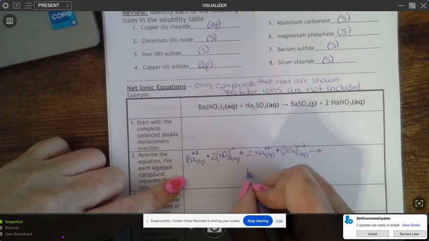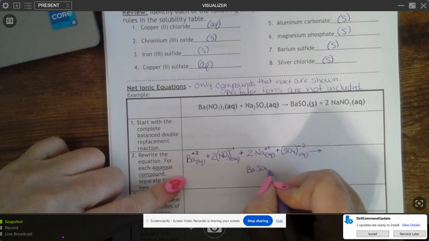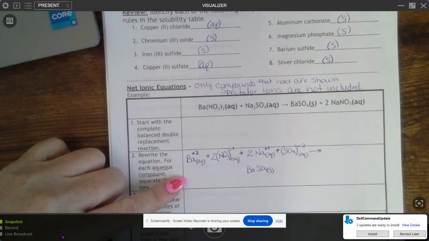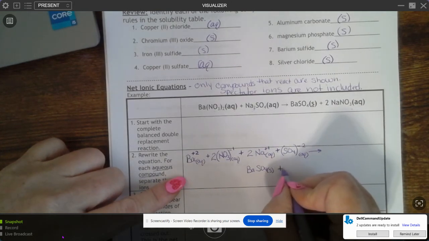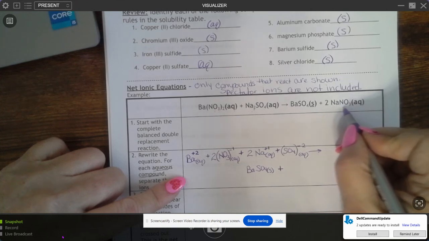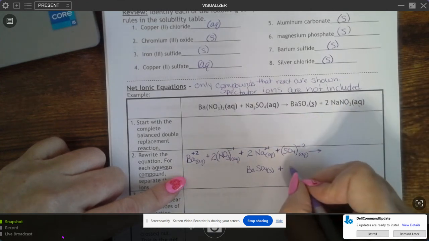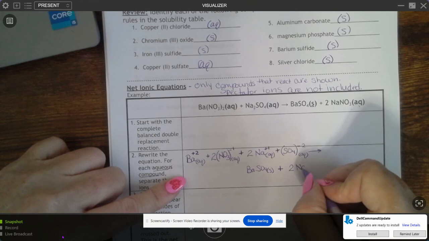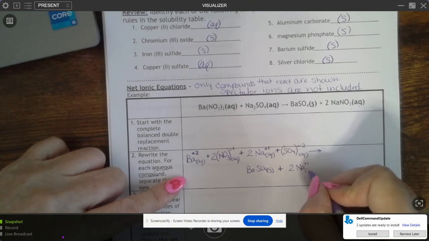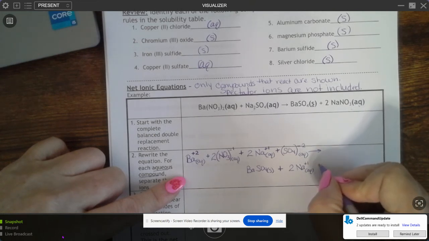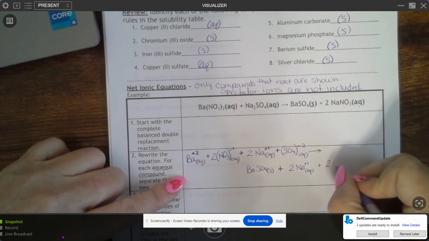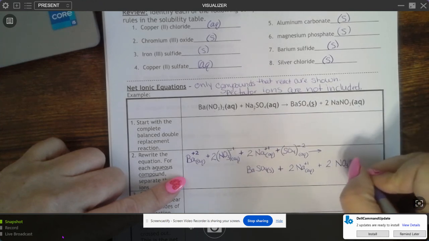So we are going to have BaSO4 solid, and we're going to keep it that way. Plus sodium nitrate is aqueous, so we have 2 sodium ions plus 2 nitrate ions.